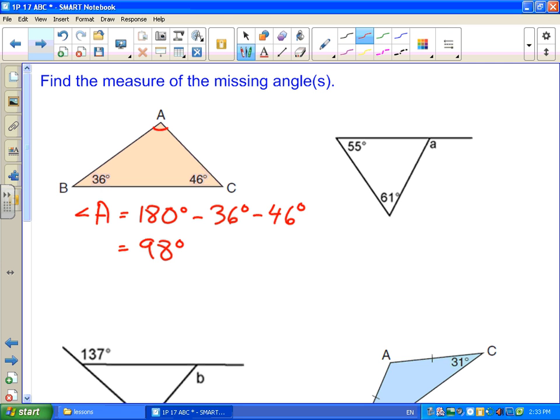Okay? Let's take a look at the second one here. We want to find this angle A over here. Now, is that A an interior angle or is it an exterior angle? It's an exterior angle. Now, what do we know about that exterior angle in a triangle compared to these two angles on the opposite side here? How can I find out angle A here? What do you think, Logan?